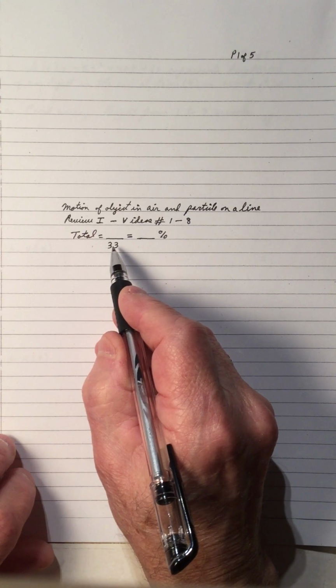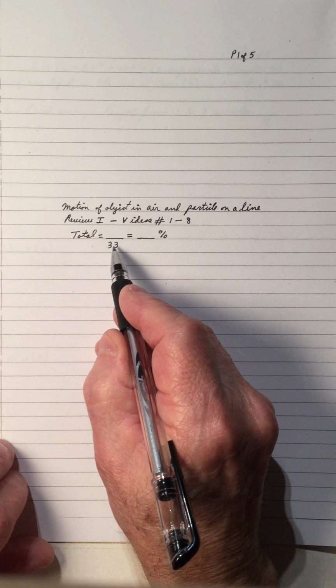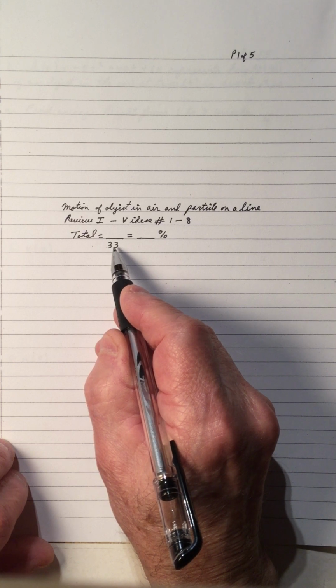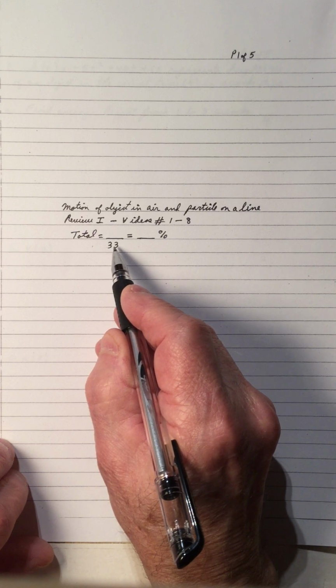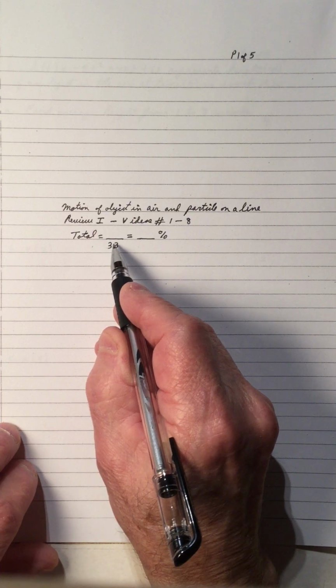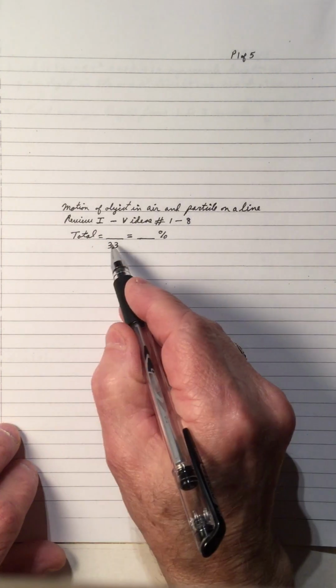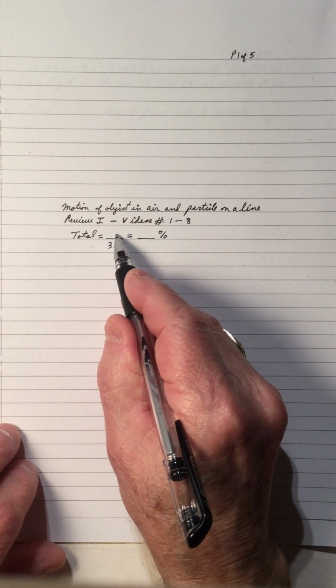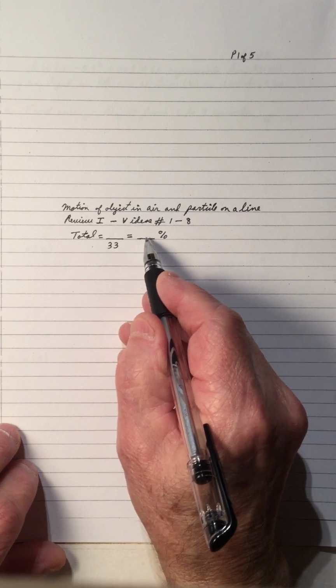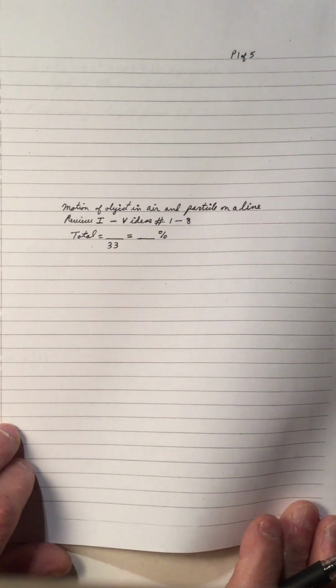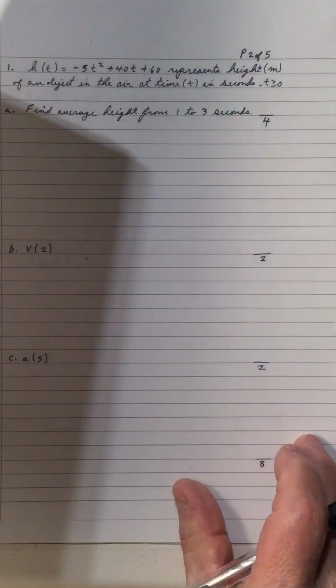You give yourself a mark for each question, total up the pages, put it over 33, and figure out your percent by dividing 33 into your numerator. Get a decimal, move it 2 places to the right. Here we go, let's do the review.